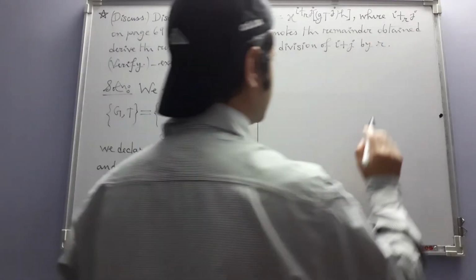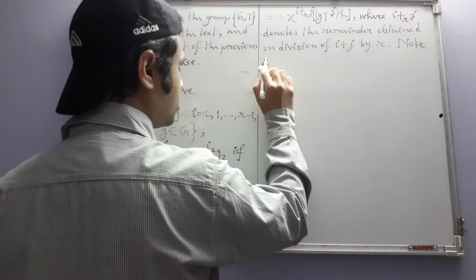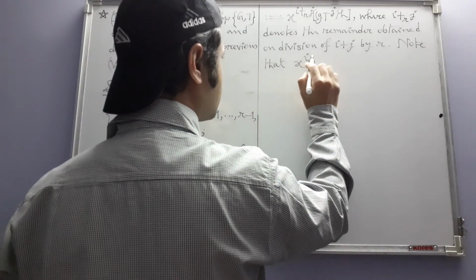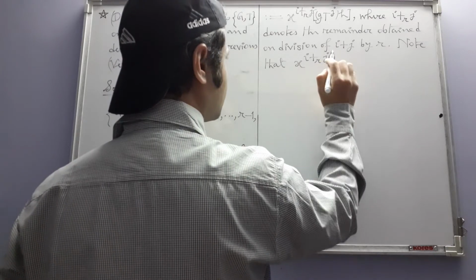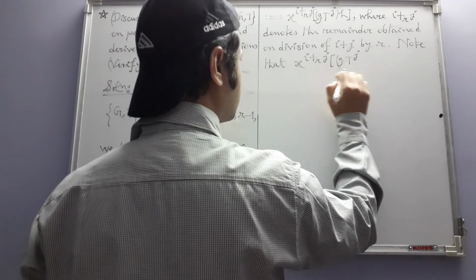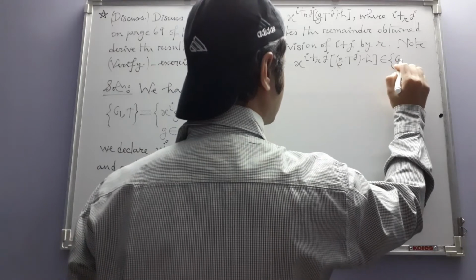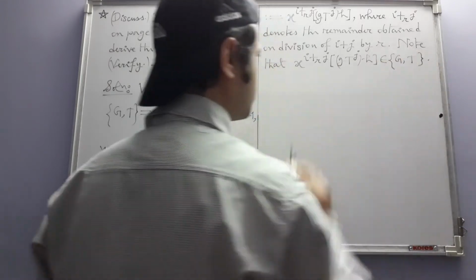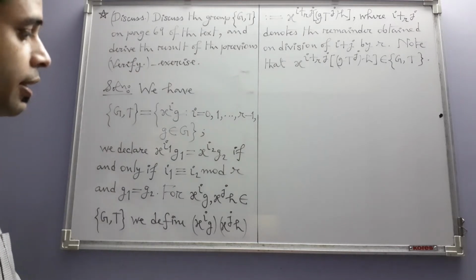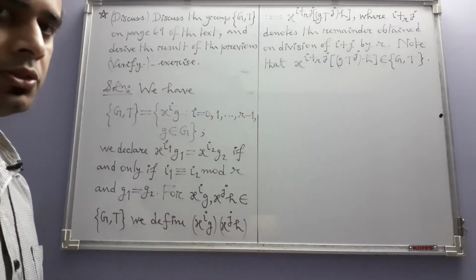Okay, now we can write, note that this belongs to our set of formal symbols. And you can see that it's very easy to remember this also.